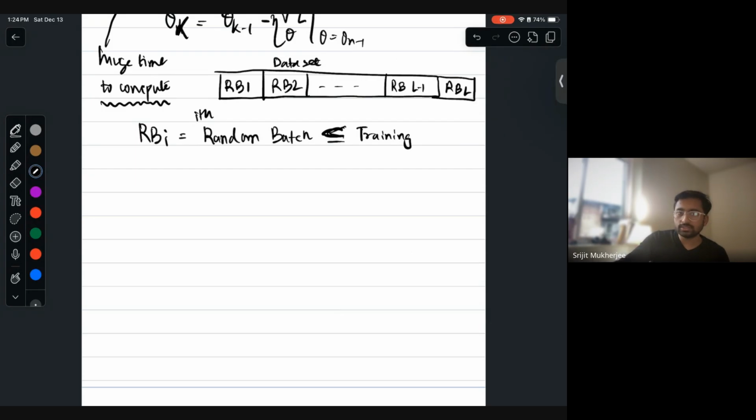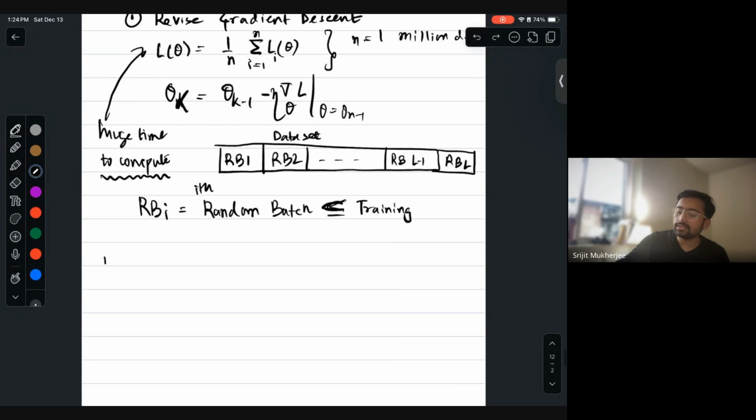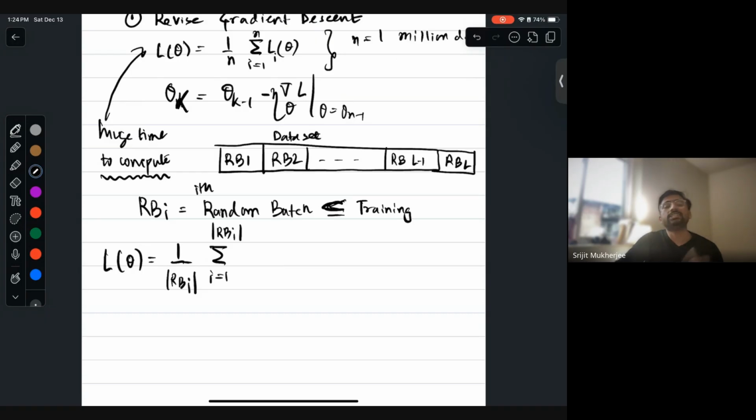So what we do is we create this first, and in each epoch, instead of this 1 by n, we only consider the loss 1 by the size of RBi. So we do it batch wise.